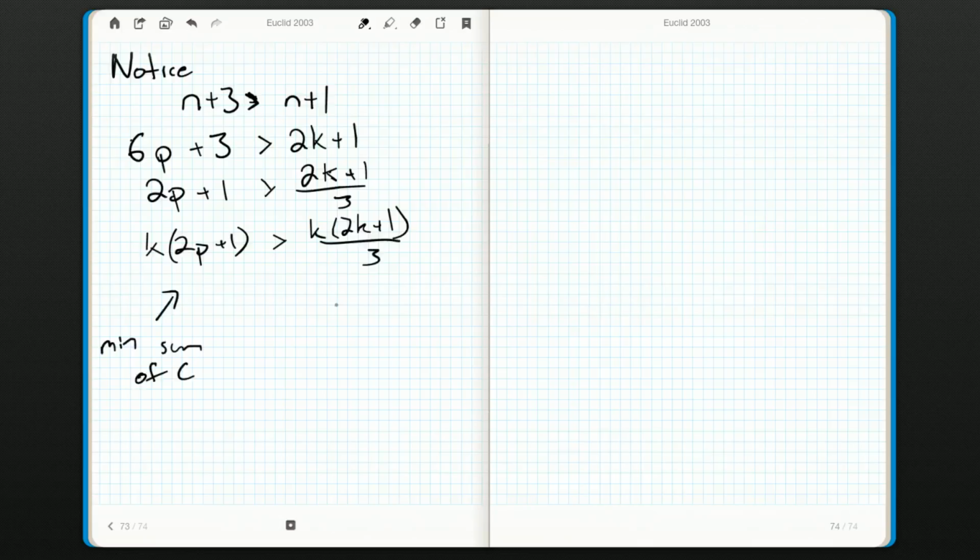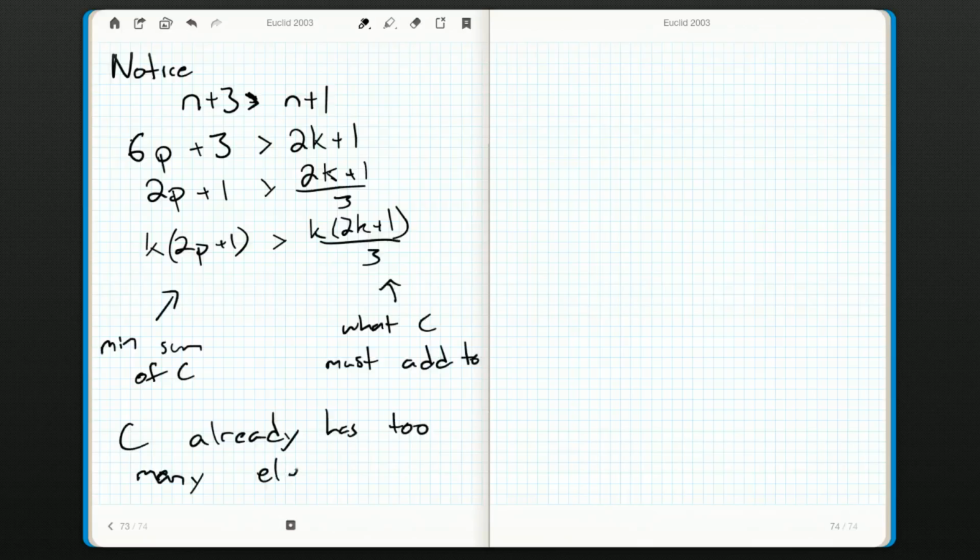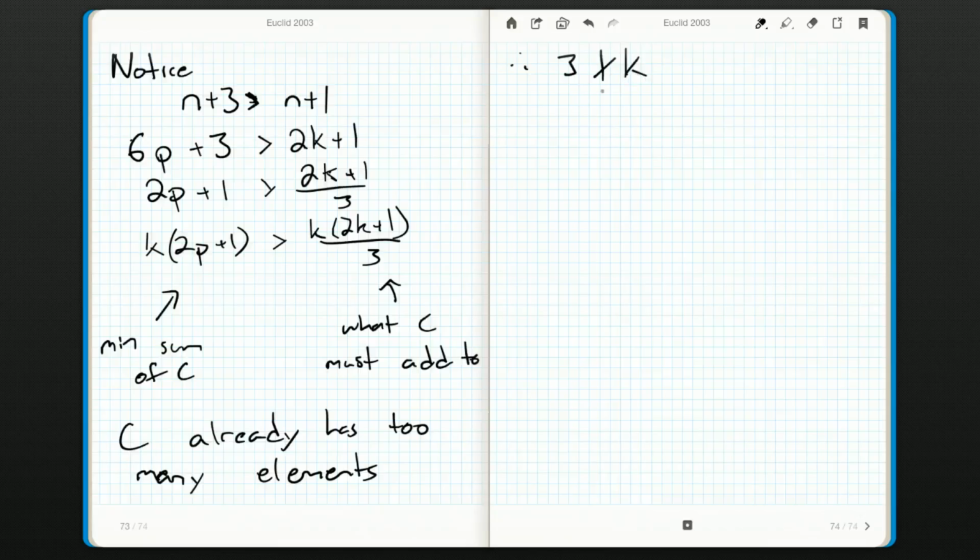So this is the minimum sum of c, and this is what c must add to. So c already has too many elements. Or not necessarily too many elements, but they add up to too much. So 3 can't divide k.